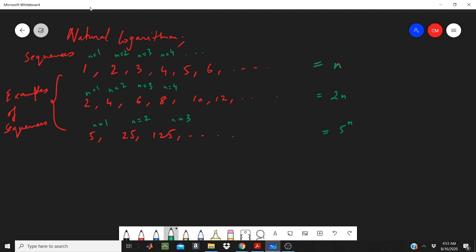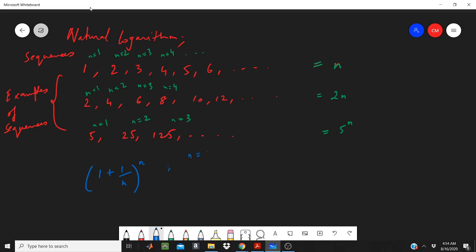Now, let me change the color. Another sequence is given by this formula: (1 + 1/n)^n. Let's see what happens when n equals 1.